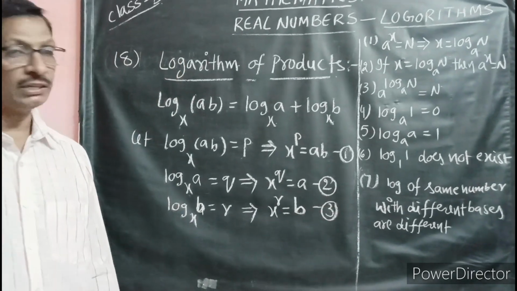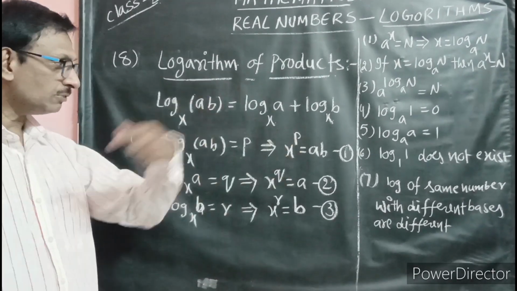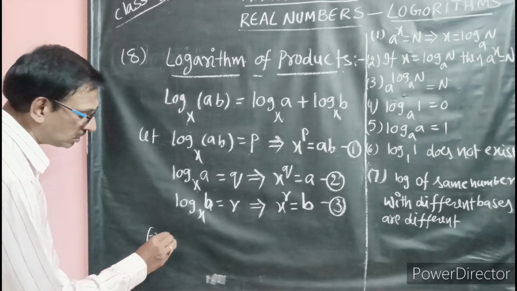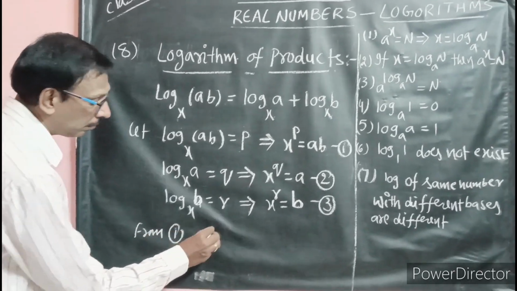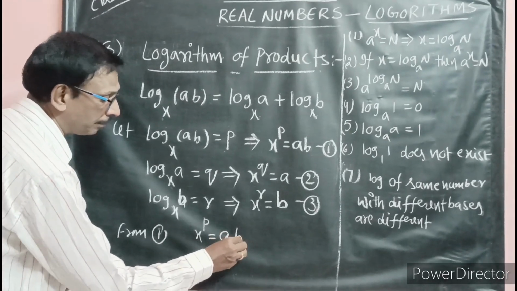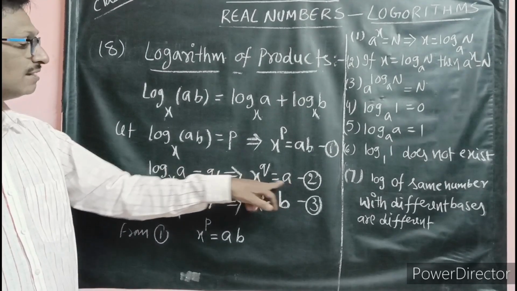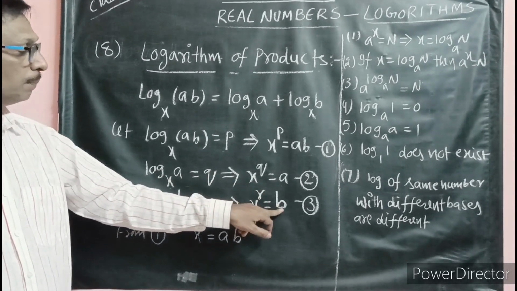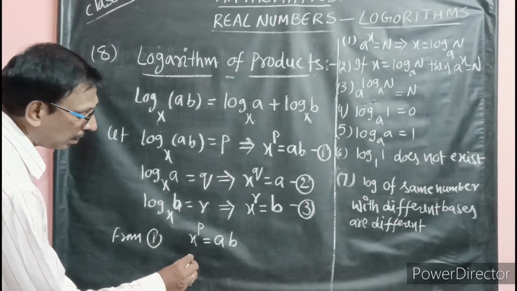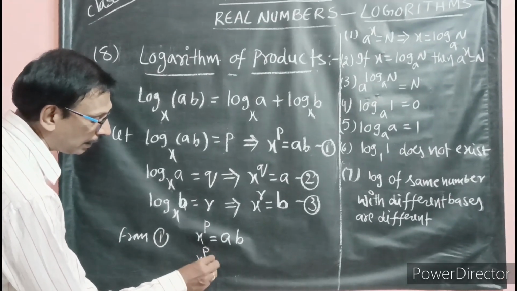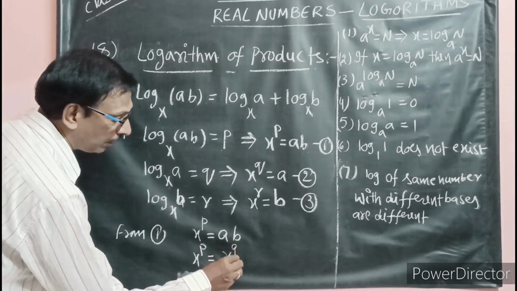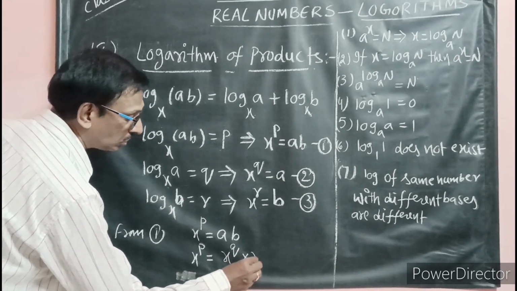Now observe these 3 equations. First we are taking equation 1. From equation 1 we get x to the power of p is equal to ab. Now we are replacing a as x to the power of q and b as x to the power of r from the second and third equations. Now we are writing that x to the power of p is equal to x to the power of q into x to the power of r.